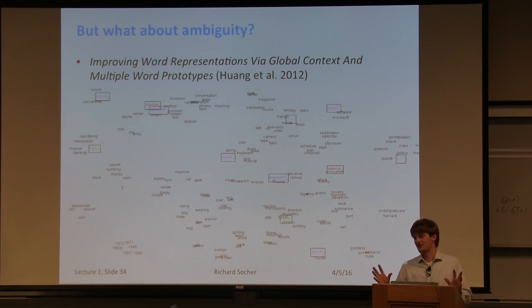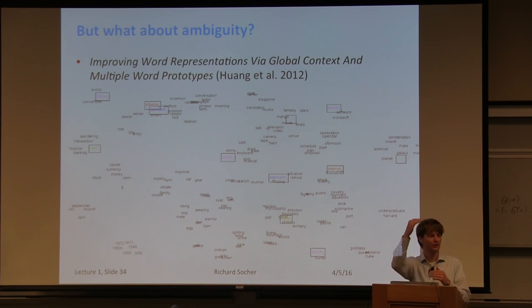So while that is very nice and has better performance on certain similarity metrics, where you have to be able to say, well, this word has different meanings in different contexts, it works better on intrinsic tasks. But to be honest, for extrinsic tasks, it doesn't often make a difference.